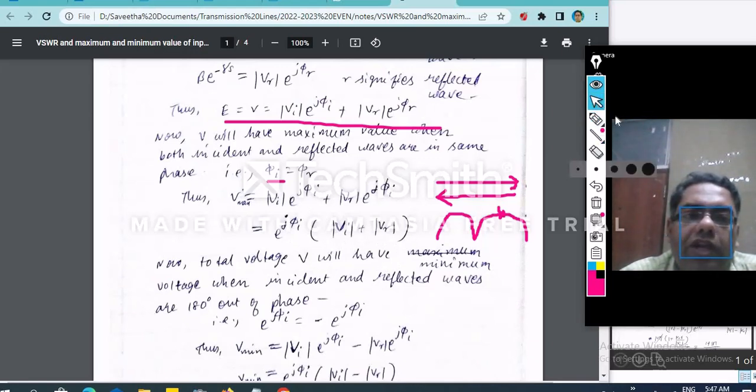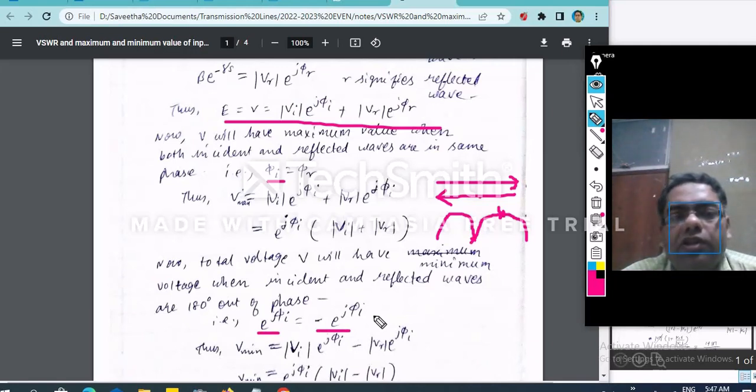Now this standing wave will have a minimum value, that is a node, when the incident wave and the reflected wave are 180 degrees out of phase. Then we will get the minimum value. Out of phase means I can write e to the power j phi I as minus of e to the power j phi I. They are out of phase, so their exponential terms will have to be the negative of each other.